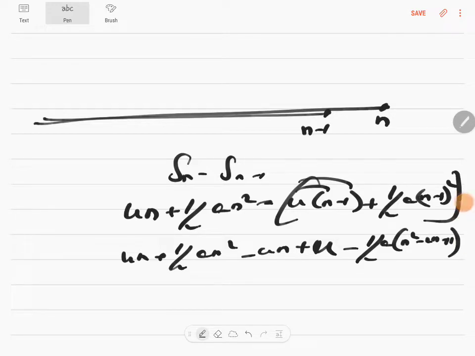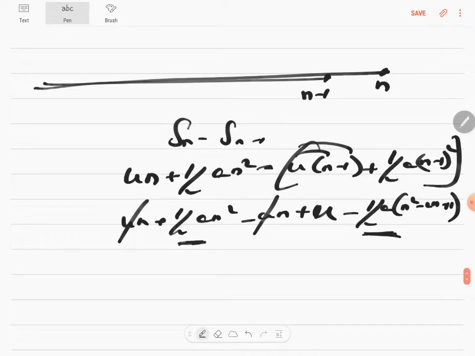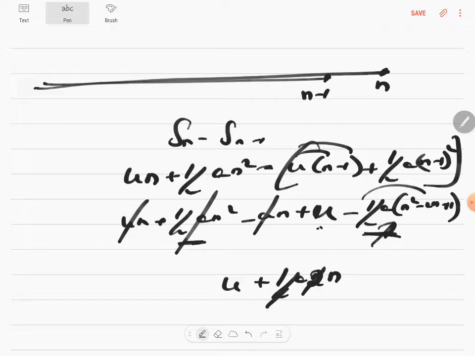Now take it in. Can you see half a n square, half a n square? If you take it inside, it will get cancelled, right? So un and un also get cancelled. This is also getting cancelled with this term. So what are you left with? U, and this goes inside, it will become plus half a into 2n. So 2 and 2 also get cancelled. Take the minus inside, minus half a.